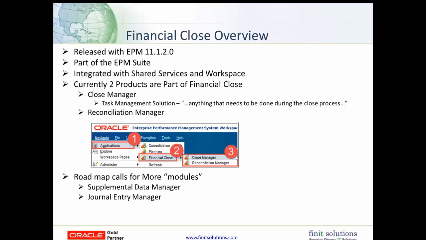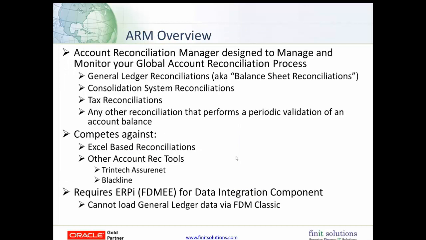The idea is to build a module to collect that information. And then the other one is a Journal Entry Manager, a centralized journal entry module that can push journals into HFM applications and ultimately push them back into potentially subsystems or your GL systems or ERP systems. But those are future modules for the suite.